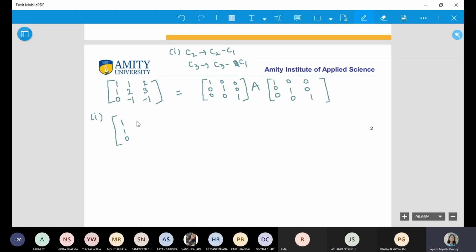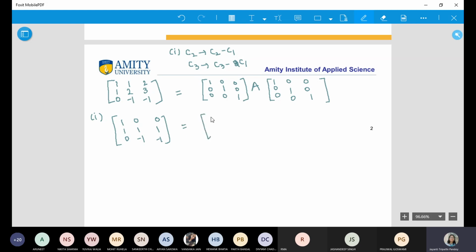Second column will give you 1 minus 1, 0, 1 minus 1. Third column will give you 2 minus 2 gives you 0, 3 minus 2 gives you 1, minus 1 minus 0 gives you minus 1. This is your left hand side.